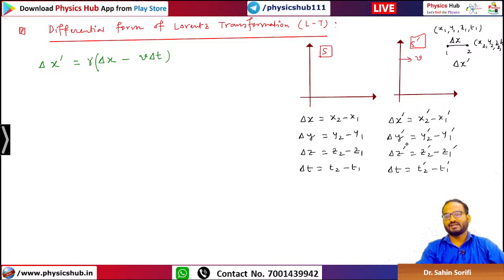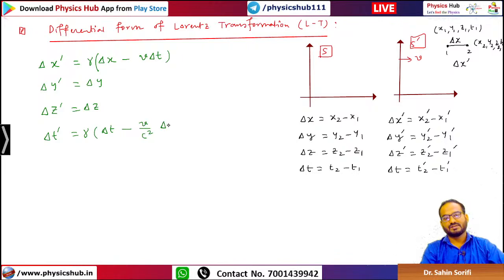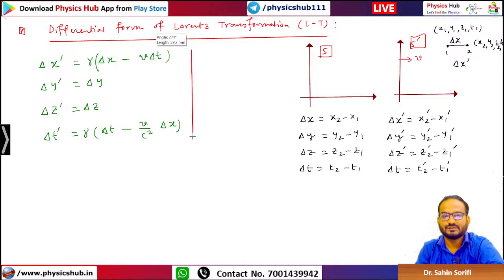So delta x prime is x2 prime minus x1 prime, and delta x is x2 minus x1. Y prime was y, so delta y prime will be delta y. Z prime was z, so delta z prime is equal to delta z. You can also represent it by d. Delta t prime was gamma times t, so it becomes delta t minus v by c square times delta x.